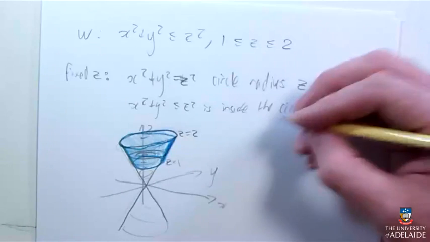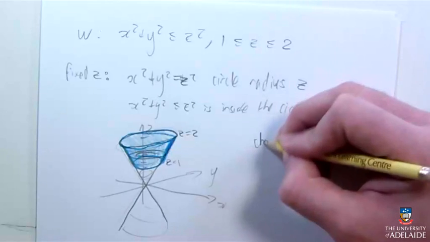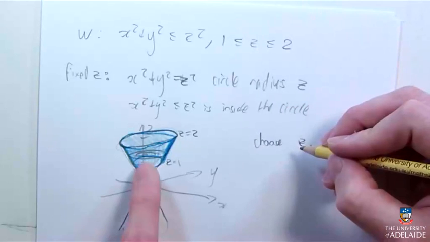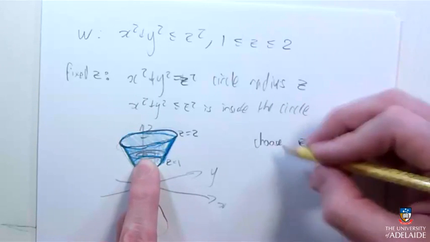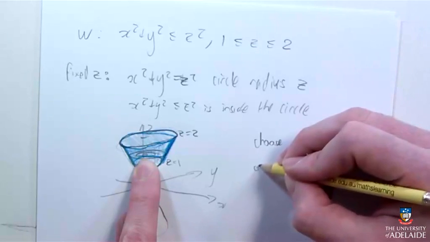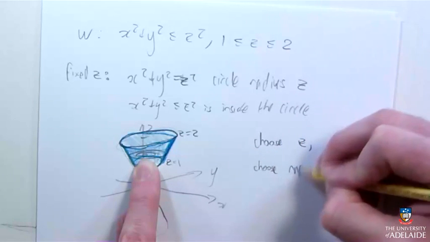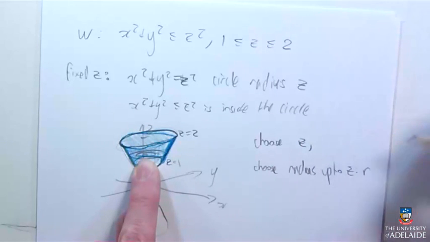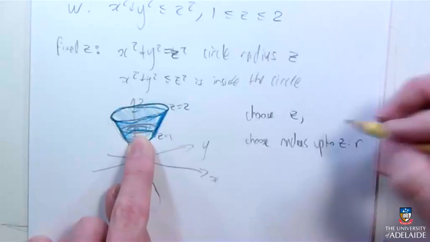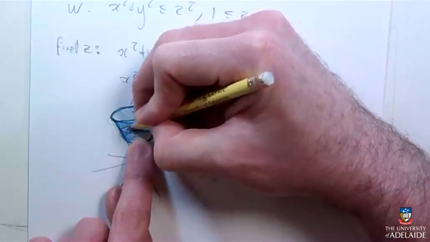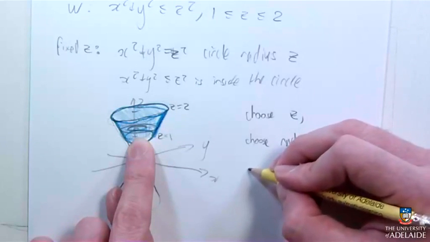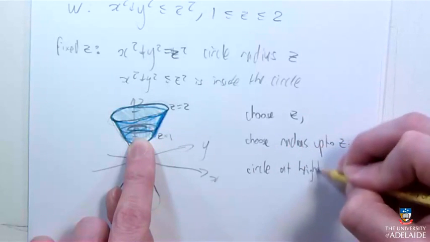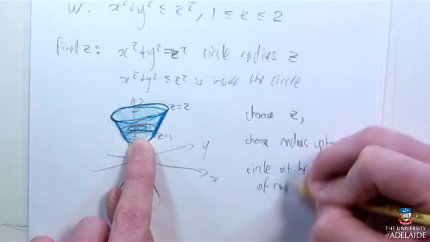So I can say: choose my z, and then within that we can choose a radius up to z, which I shall call r, and then there'll be a little circle at that height within that bigger circle, at height z of radius r.